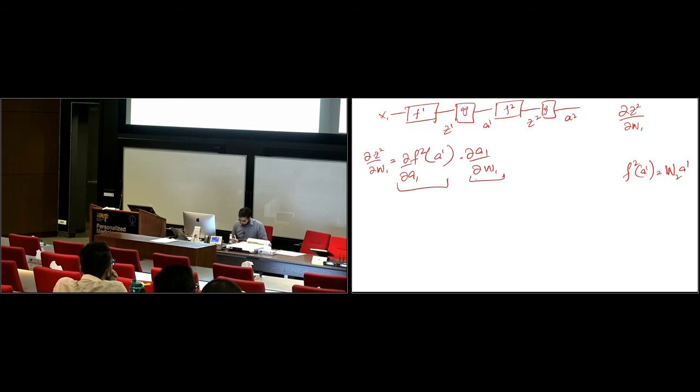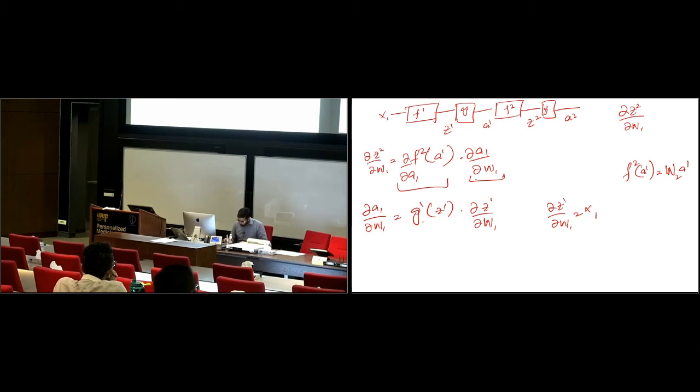Okay. So I repeat the same procedure to find the partial derivative of A1 with respect to W1. That would be G1 prime at Z1 times the partial derivative of Z1 with respect to W1, and the partial derivative of Z1 with respect to W1 is just X1.